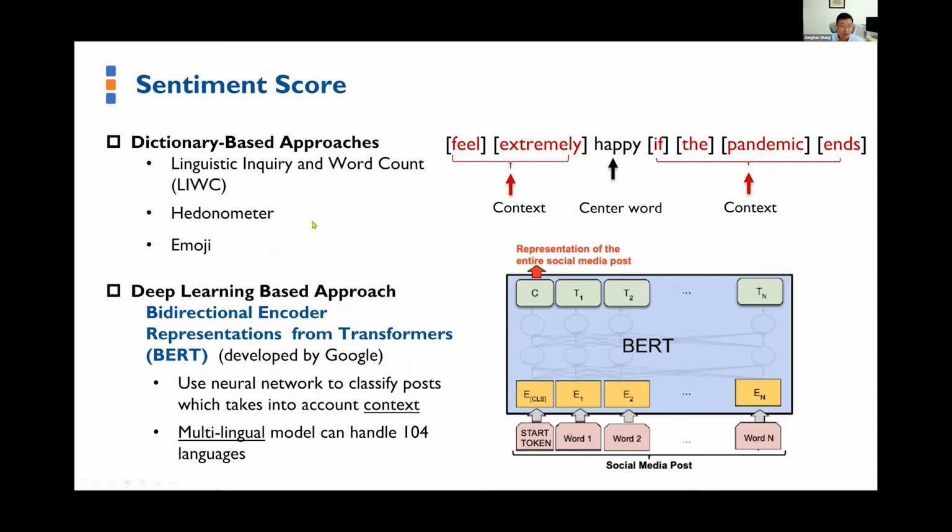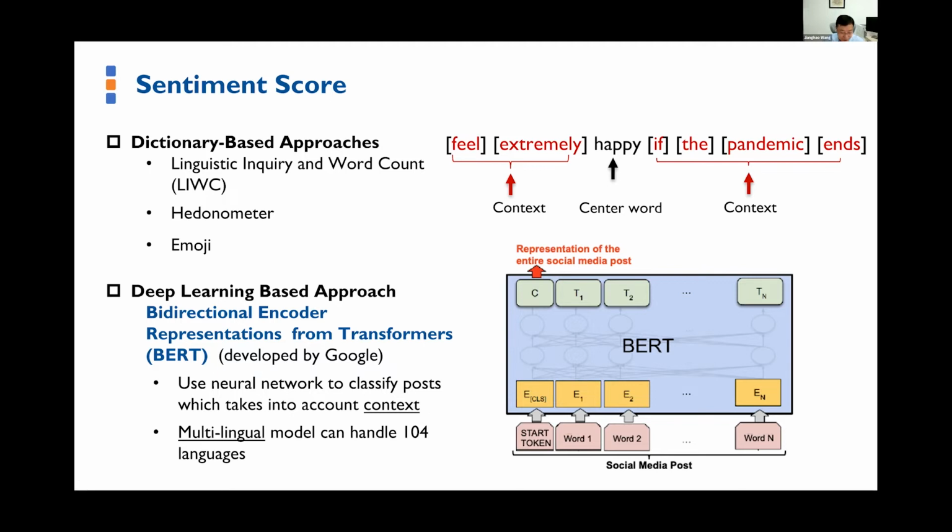There are also other dictionary-based approaches like the Hedonometer, which is also widely used in computer science. We can also use emojis, because when we started with social media, we found that many of the posts have emojis. Emojis are a naive but very interesting way to study human sentiment. But today, I mainly talk about the deep learning approach.